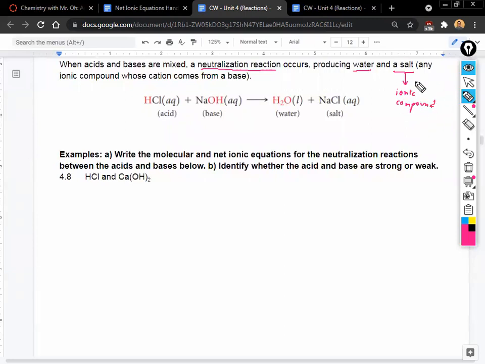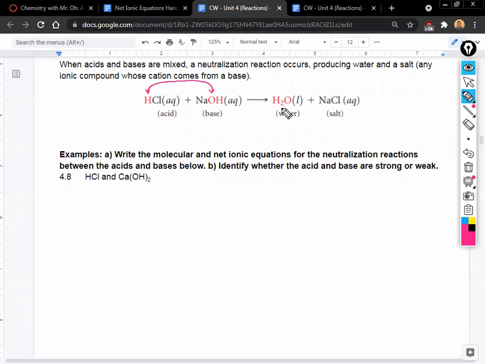And the ionic compound will depend on whatever the anion from the acid was and the cation from the base was. So here we have an example. This is the same thing that we did with the ionic equations. Okay, we have a strong acid, HCl, and a strong base, NaOH. And they basically did the old switcheroo, right? They went on a group date, and then H and OH combined, right? HOH is the same thing as H2O.